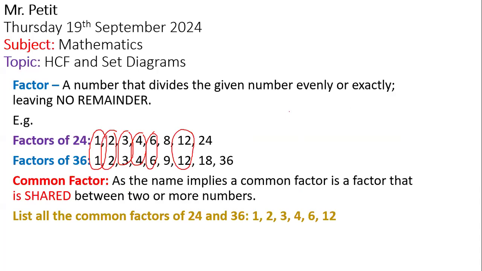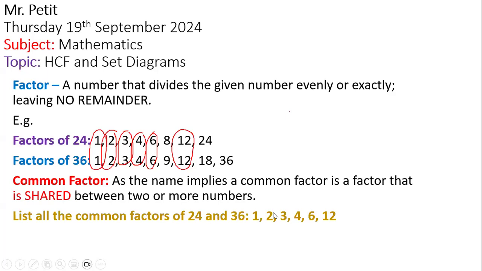Because we're looking for the ones that are common, right? So you could say that this is set A, this is set B, and then you're trying to find the ones that are common. So these numbers would be in the middle.